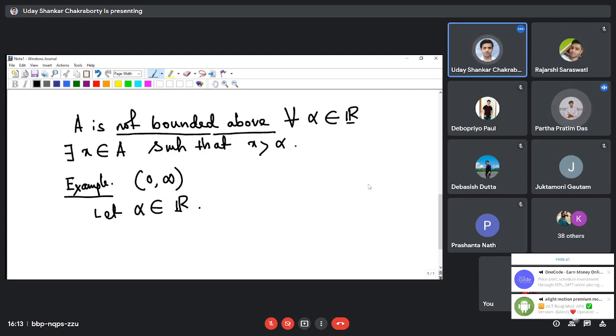Sir, for every alpha there exists a number which is greater than alpha. Yeah, but I want to know, you give me one particular element inside this set 0 to infinity which is greater than alpha. Can you give me? Infinity, and infinity is not a real number.